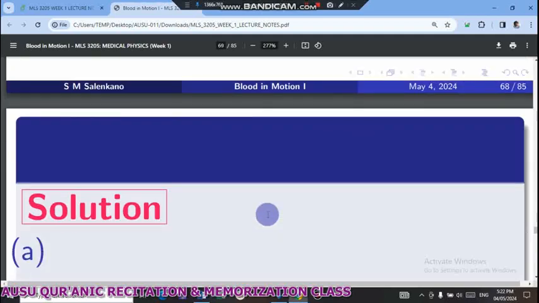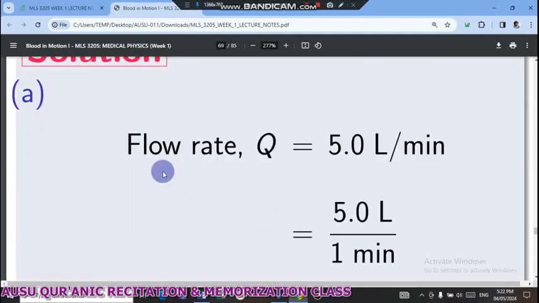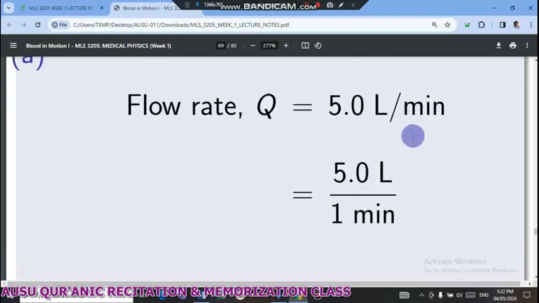Let's see the solution. In the solution, we are given the flow rate Q, 5.0 liters per minute. This means 5 liters divided by 1 minute. Then liter, we have to change it to meter cube, and previously we said to do that, we simply multiplied by 10 raised to the power of minus 3.